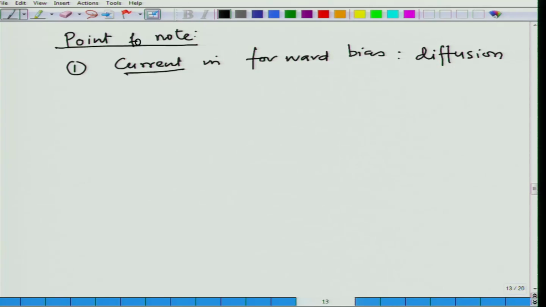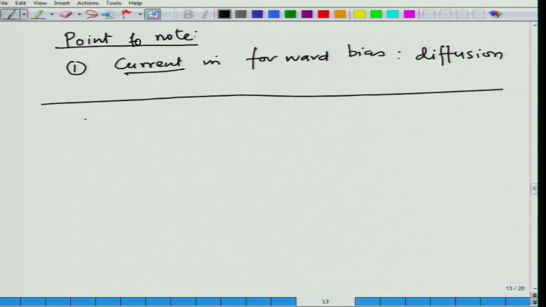Now, what we will see is how this equation will get changed when I apply a different type of situation. So, if I have a solar cell, this is when you do not apply a voltage and you collect the open circuit voltage.